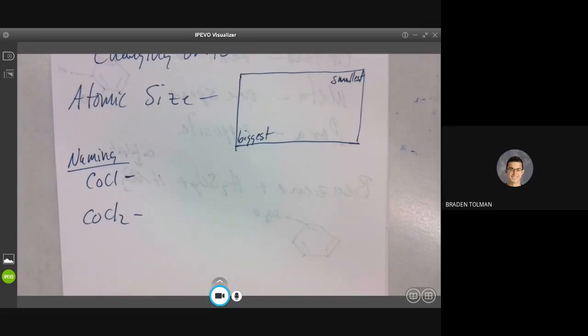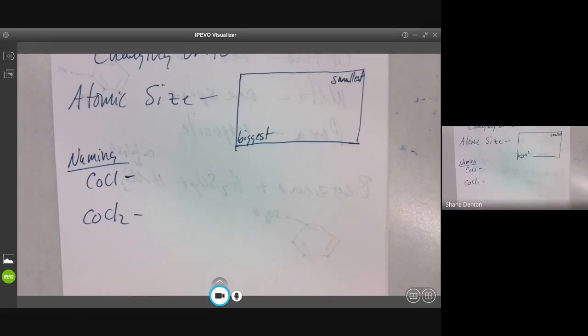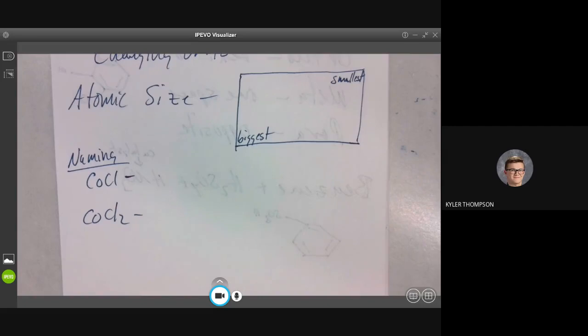One would have a di in front of the chlorine. Would it? Would one have a di? Nobody? Not one person. It wouldn't have a di because it's a cobalt in the front.